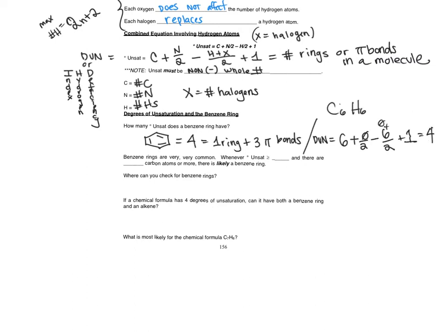Since benzene rings are so common, whenever you see a degree of unsaturation of 4 or greater and you have at least 6 carbon atoms, you most likely have a benzene. So it's a really good idea to consider it when you're trying to guess what the structure is.